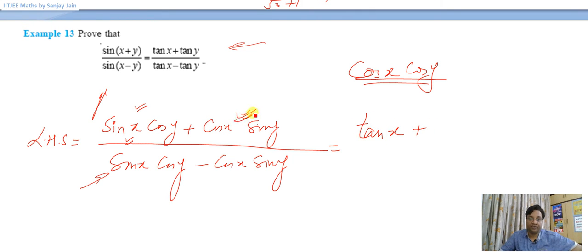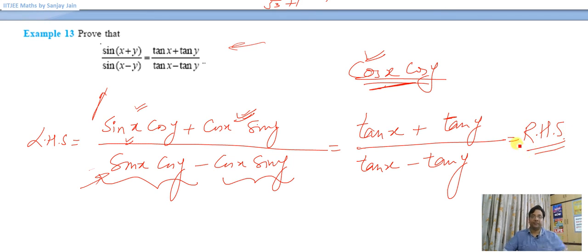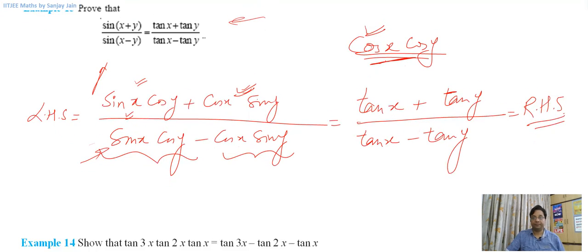When you divide this term with cos x cos y, cos x will get cancelled and you will have tan y here. And in the denominator, if you divide this term with cos x cos y, cos y will get cancelled and you'll have tan x here. And here if you divide it with cos x cos y, cos x will be cancelled and you'll have tan y. So this is nothing but my right hand side. So hence it is proved.